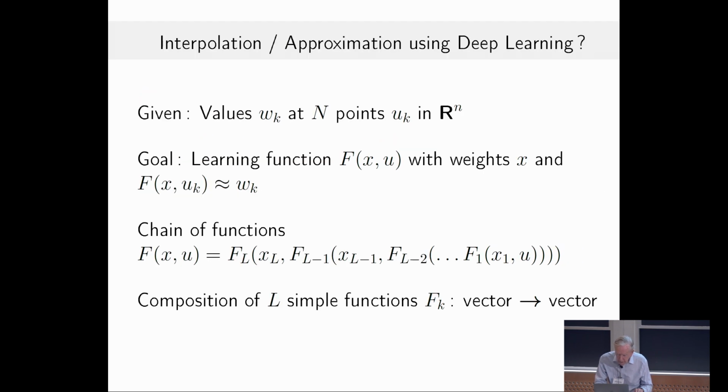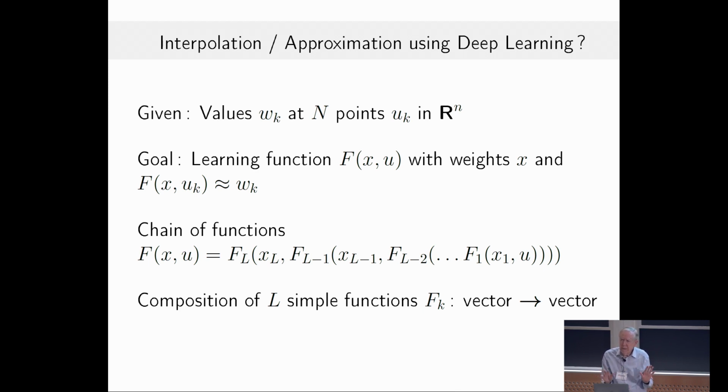Okay, here's my summary of the function that's created by deep learning. I want to just point out some of the features that are important. Maybe the most important feature is that the way to create a complicated function is a chain of simple functions.